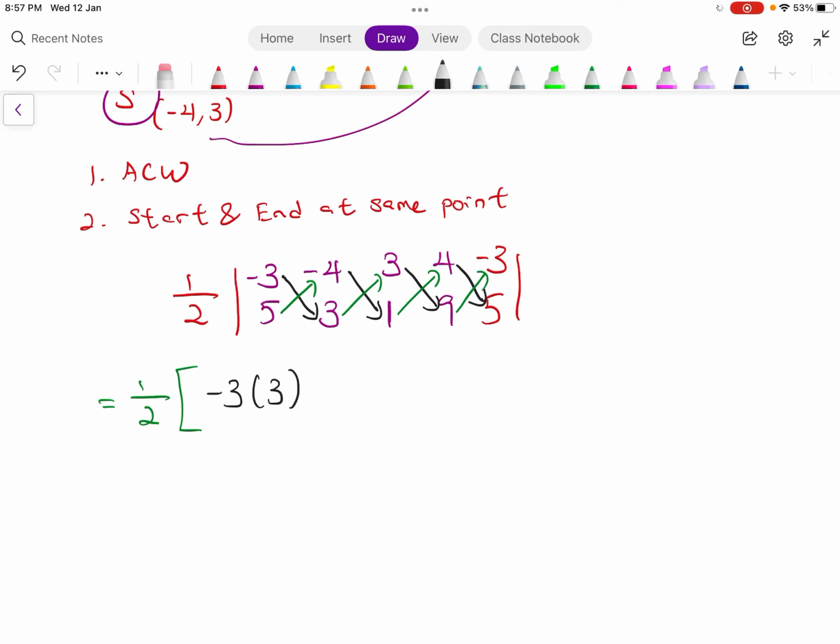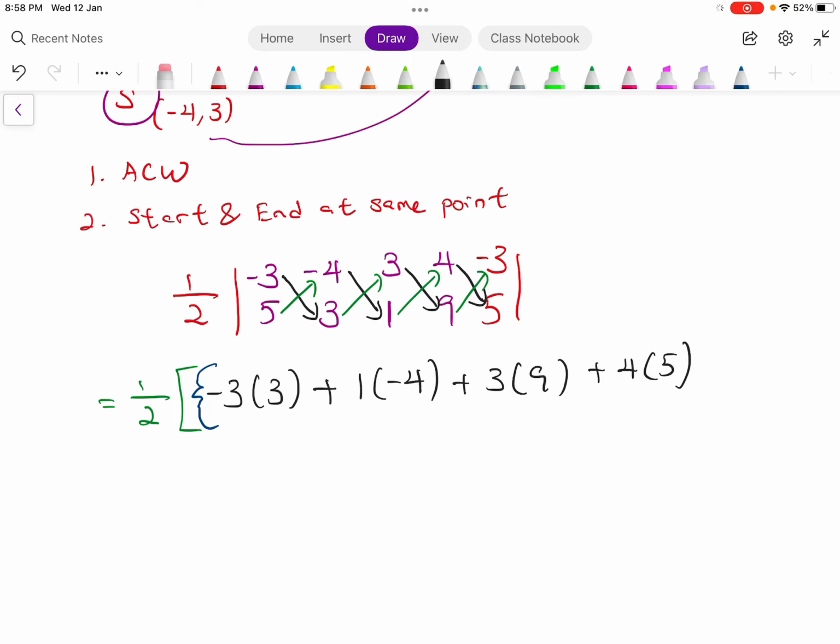After that you put a plus sign, and maybe another curly bracket. Next is -4 times +1, so you put 1 here, then -4. After that 3 times 9, so 3 multiplied by 9. Last but not least, 4 times 5.